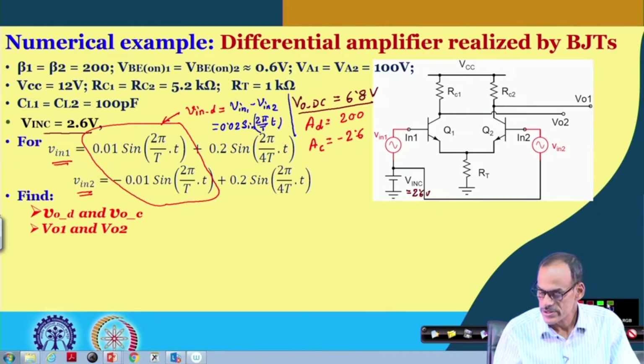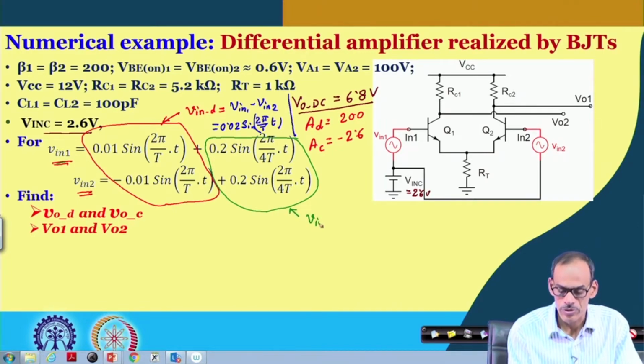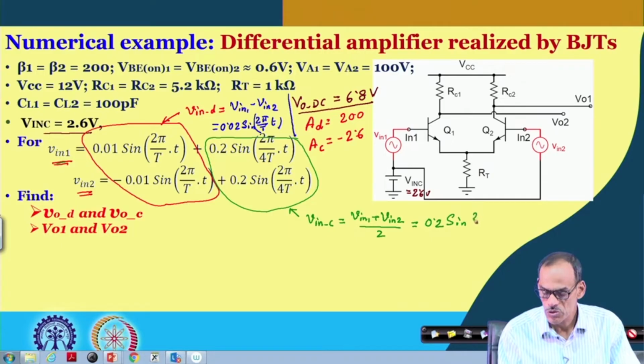On the other hand, if I consider the common part, namely if I take the average of the two inputs, that gives us the common mode input V in C. So, that is equal to V in 1 plus V in 2 divided by 2, and that is equal to 0.2 sin 2 pi by 4 t into t.